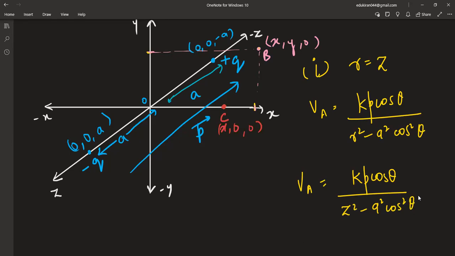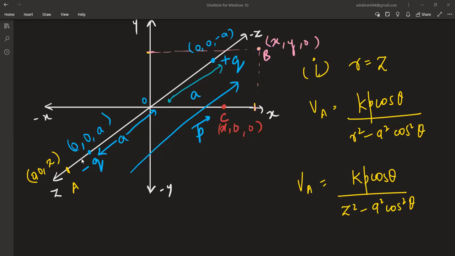All right. Now, see class, if the point is lying on this, let's say 0, 0, z, somewhere here, this is our point A. See, 0, 0, z is lying on this axis. That is, your r is equal to z, so we have substituted z.